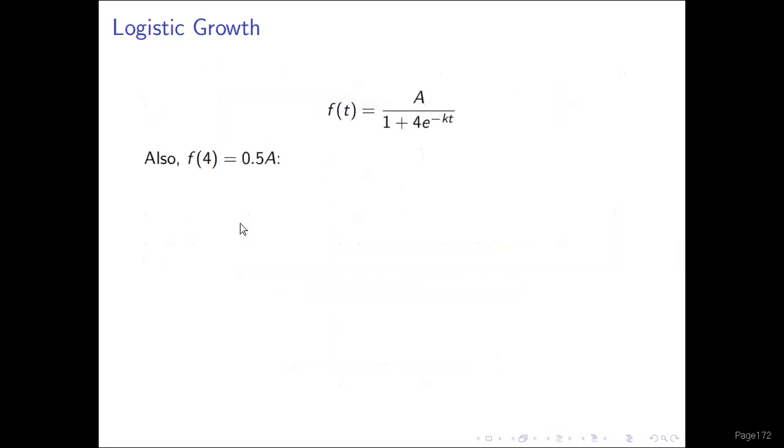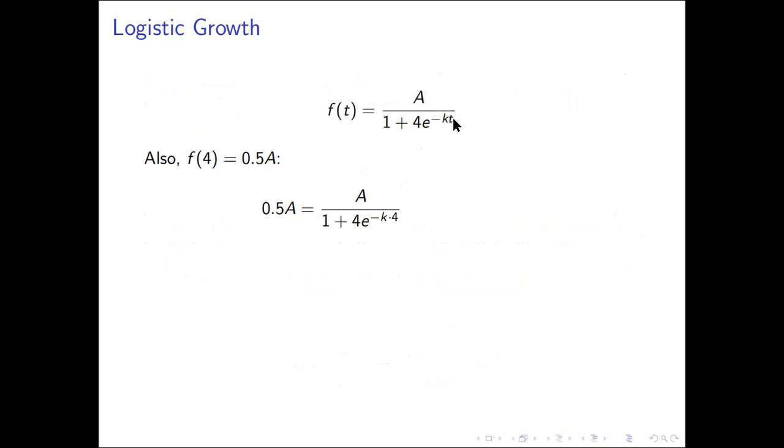So after 4 weeks, f of 4, 50% of those susceptible to the disease were infected. So that's 0.5A. We set the left-hand side to 0.5A and solve for k.